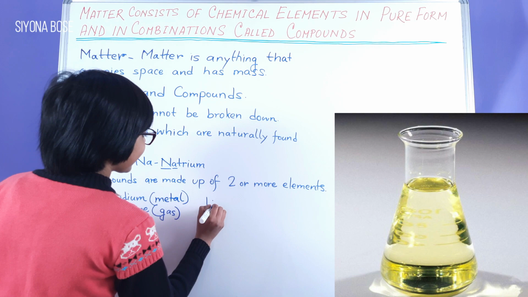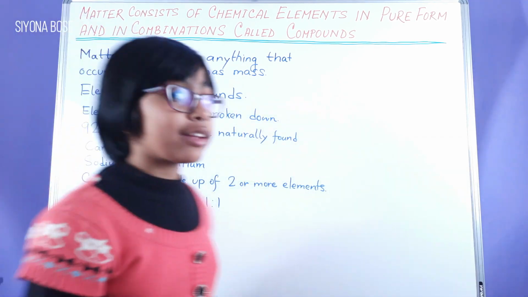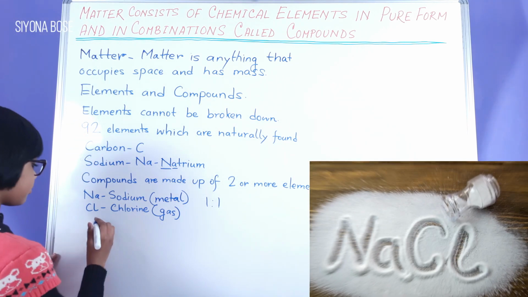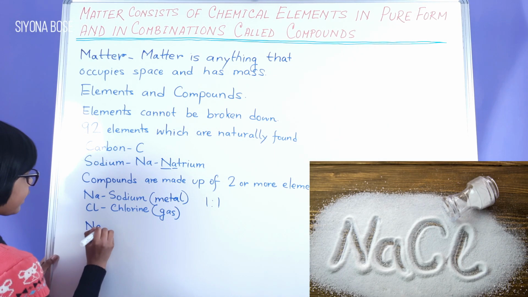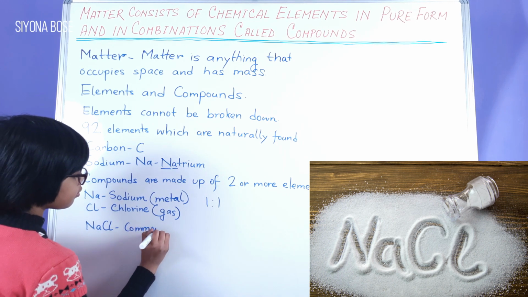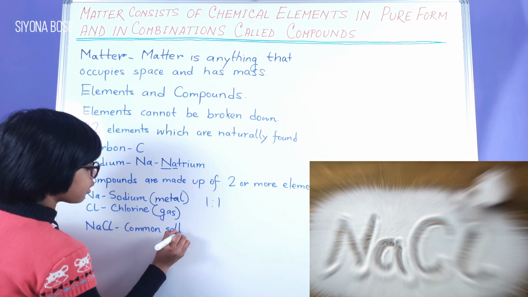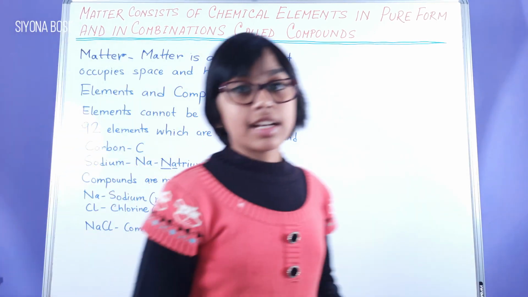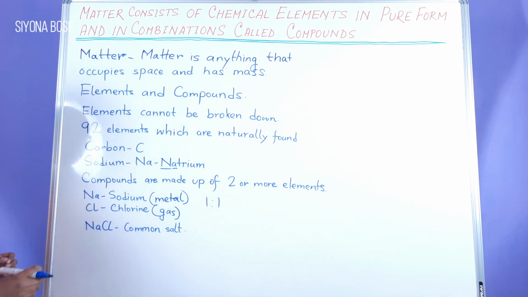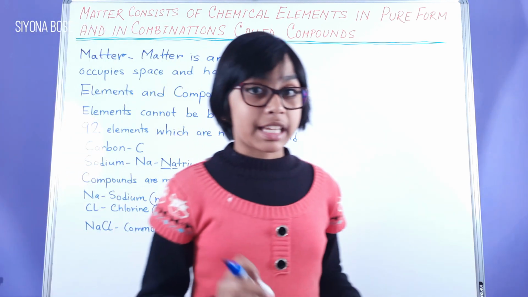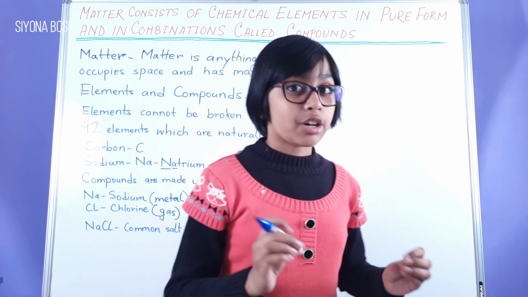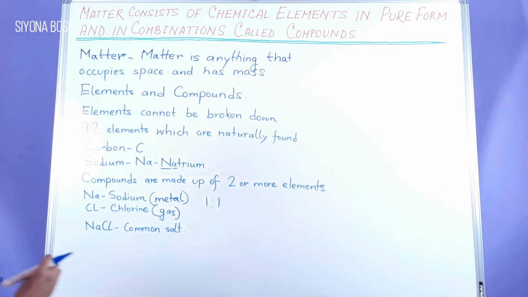And when they are in the 1-to-1 ratio, they form NaCl, which is edible common salt. This tells us that compounds don't retain the properties of the elements that form them, because sodium itself is a metal and chlorine itself is a gas, but NaCl, made up of sodium and chlorine, is common salt.